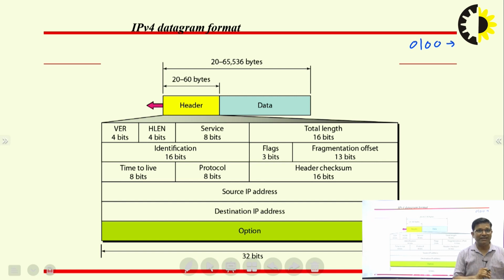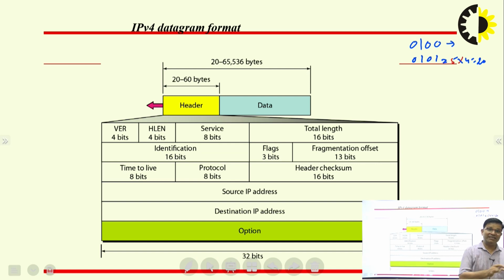So if the HLEN is, for example, 0101, we read it as 5. What is the header size? The header size is 5 multiplied by 4, which is 20. So this should be the minimum size of HLEN. HLEN should be a minimum of 5, or 0101.